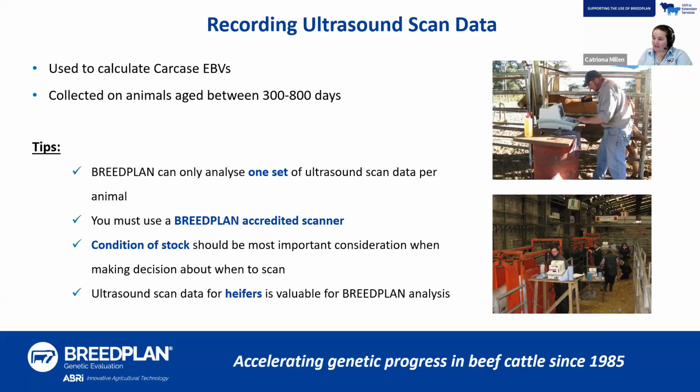While there is selection pressure put on heifers, often it's not as severe as the selection pressure that is put on young bulls. And so often the heifers will represent a bigger cross-section of your herd than your bull calves do, particularly if you've culled heavily among the bull calves. And that is valuable because, yes, we're interested in the heifers' scan data, but it will also inform their parents, their brothers, etc. So heifers can be very, very valuable for us in the genetic evaluation.